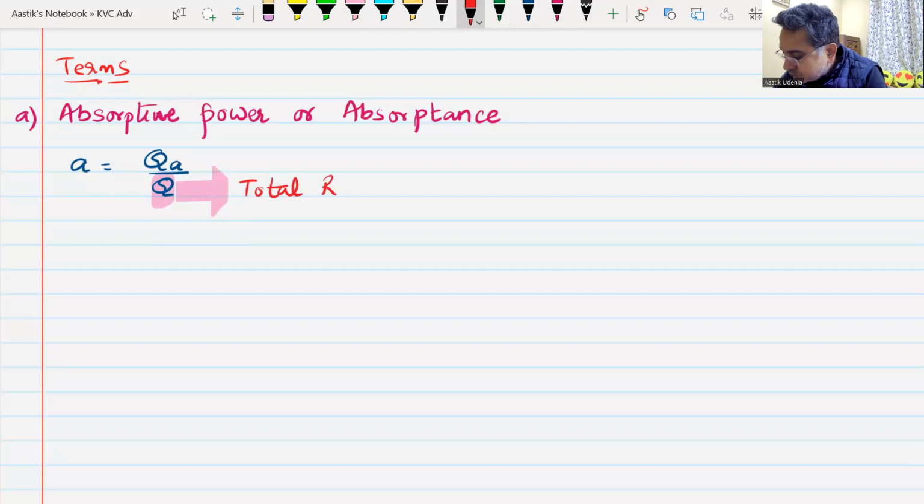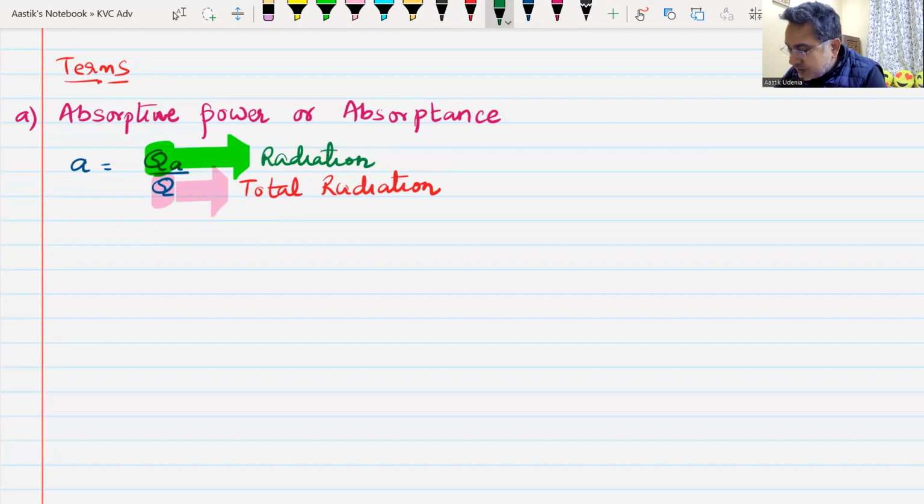Absorptance or absorptive power is a ratio: the ratio of the radiation which is absorbed to the total radiation falling on the body. That is known as absorptive power.